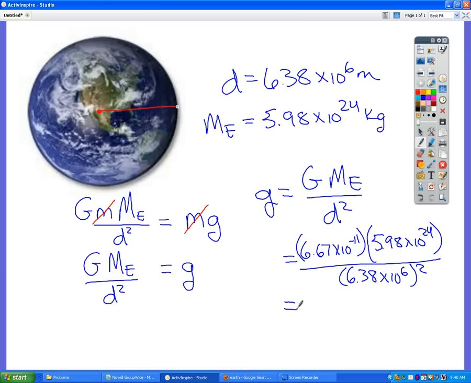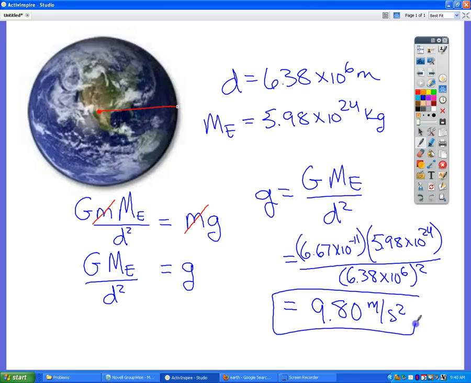If you do your math, you'll notice that the gravitational acceleration between you and the Earth is 9.80 meters per second squared. Remember, we've been using 10 just because it's easier to multiply and divide, but for this problem we're going to use 9.8 because that's exactly what the gravitational acceleration between you and the Earth would be.